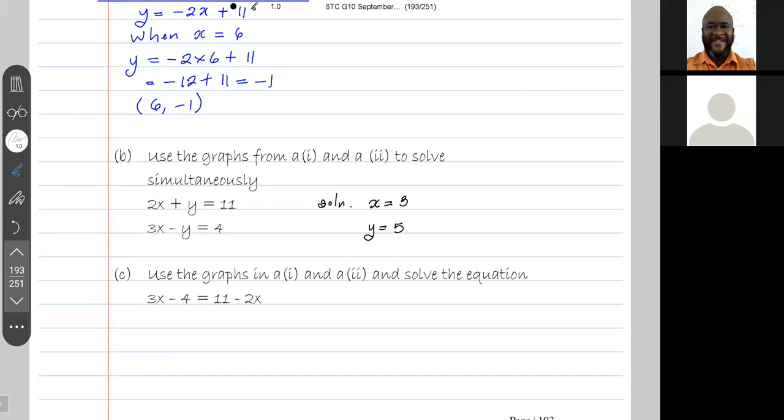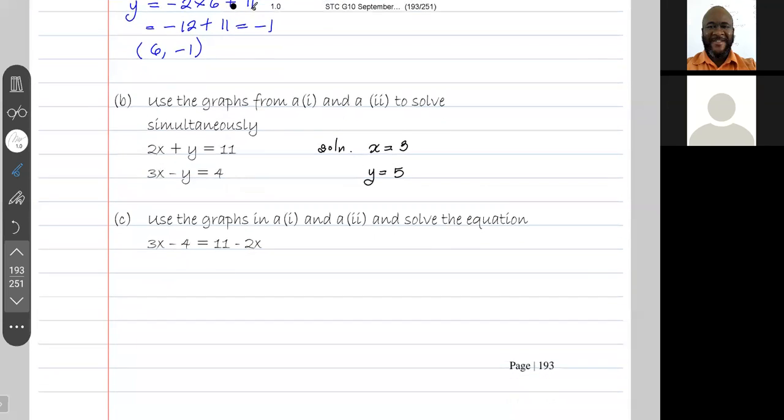Next, we're asked to use the graph to solve an equation. We're at C. Guys, this is what I said to you. If ever you're asked to use graph to solve an equation, you must draw the graph of the left-hand side and the graph of the right-hand side. On the left-hand side, we have y is equal to 3x minus 4, already drawn.